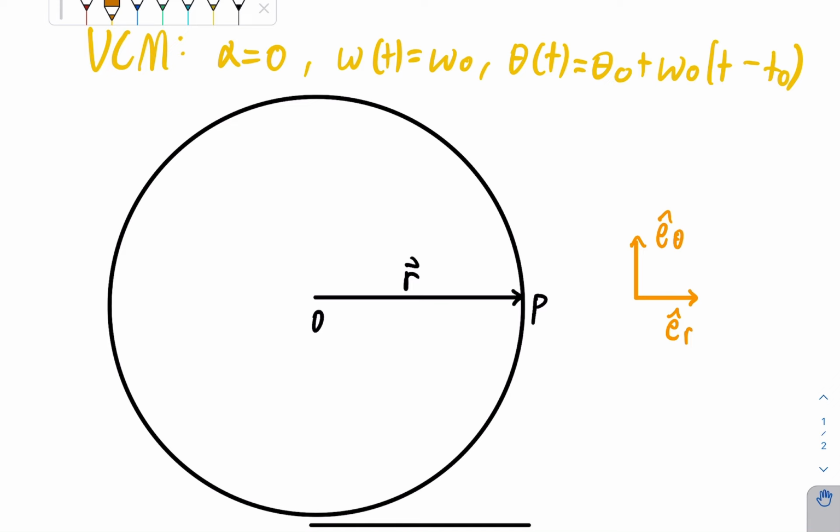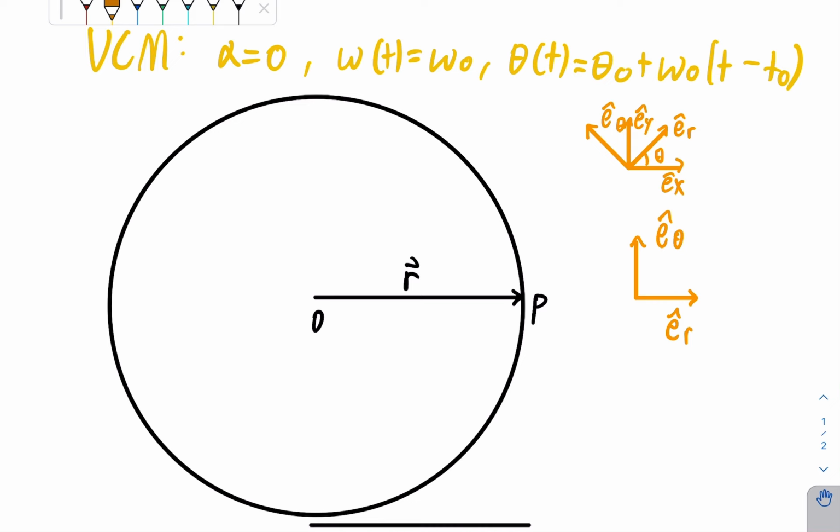So we could have a case where I have e sub theta like this, and I could have e sub r like this. And we will need to use an xy basis vector in order to decompose this. Now this is going to be rotated by an angle theta away from e sub x and e sub y in the vertical.